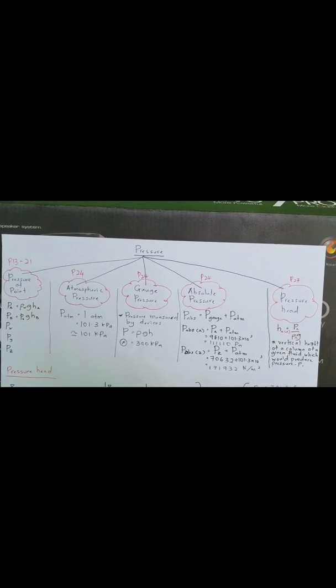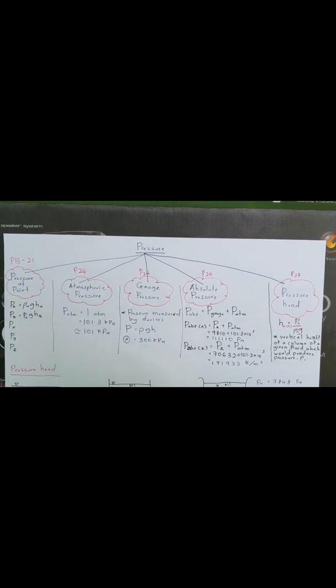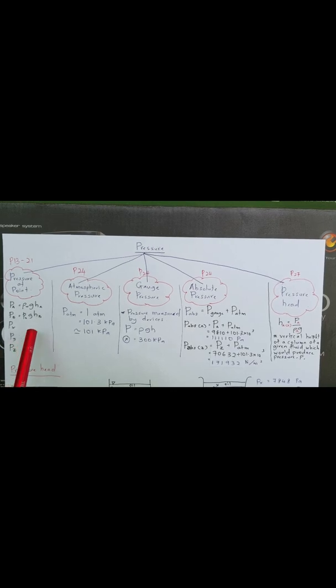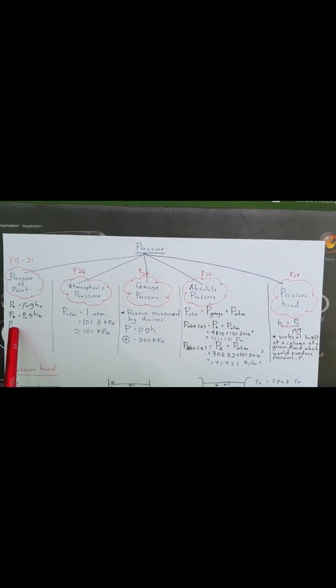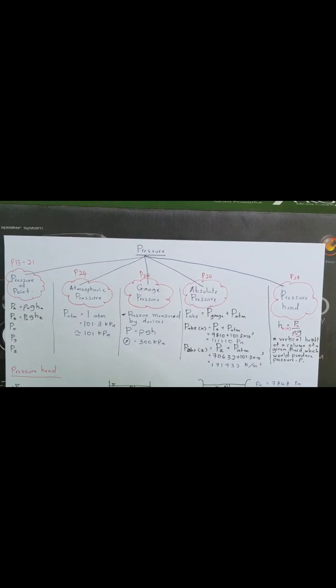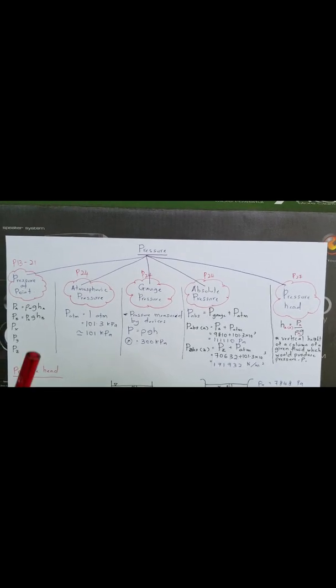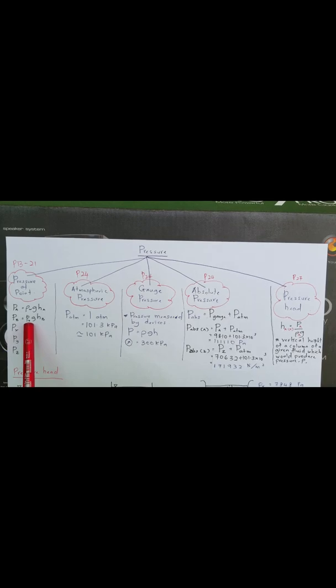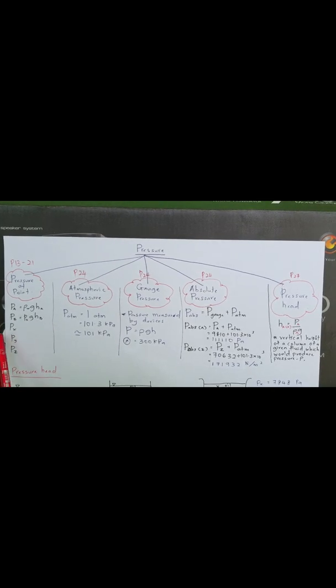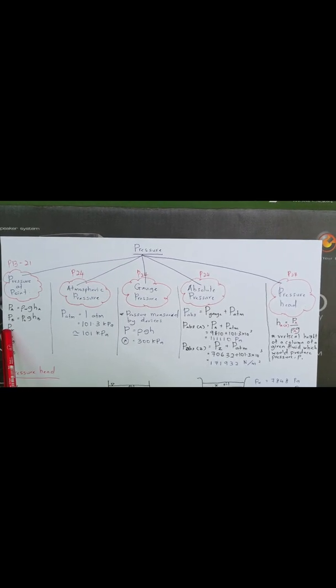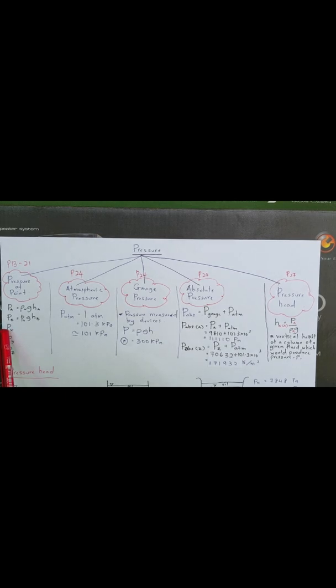So what is pressure at point? What we have learned before, we calculate pressure at B in the dam water, we calculate pressure at B in the tanks. We calculate pressure at point X in the multi-layer of the liquid.